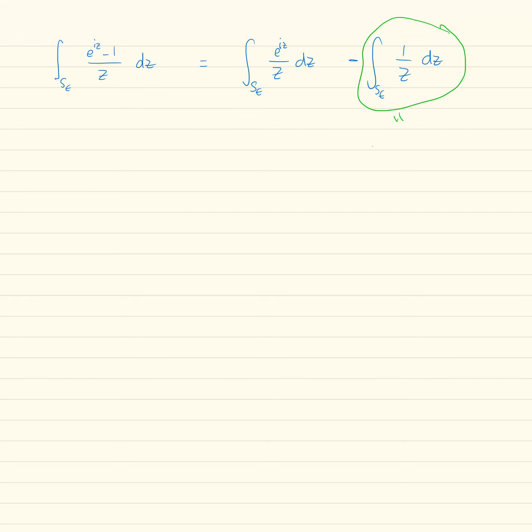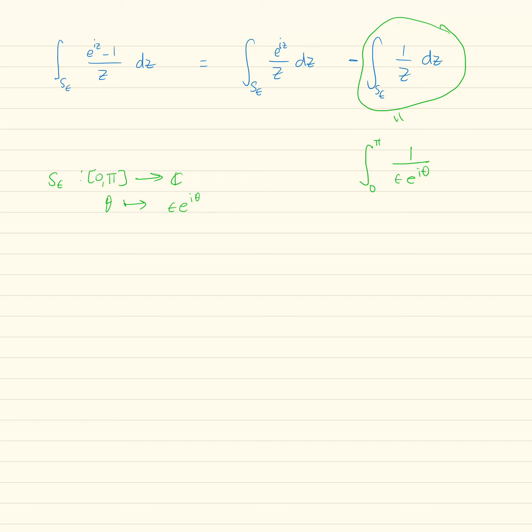This is going to equal the integral, and now S epsilon, remember, is the semicircle. So we're going to go from 0 to pi. And what's my parameterization going to be? For S epsilon, I'm going to go from 0 to pi. That's going to be my domain. Codomain is going to be complex numbers. Theta is going to be sent to epsilon e to the i theta. Yes? So this will be 1 over epsilon e to the i theta.